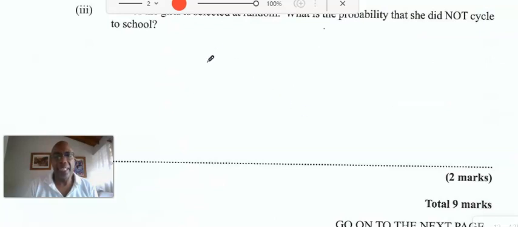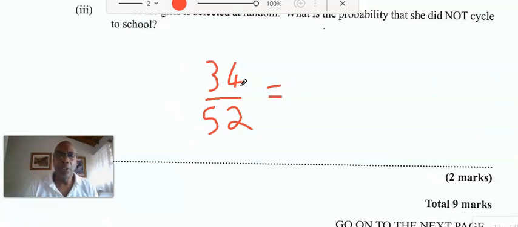So the answer is 34 over 52. And as I said, we must bring it to its lowest terms by dividing by the highest common factor, which is really 2. 2 into 34 is 17, and 2 into 52 is 26.